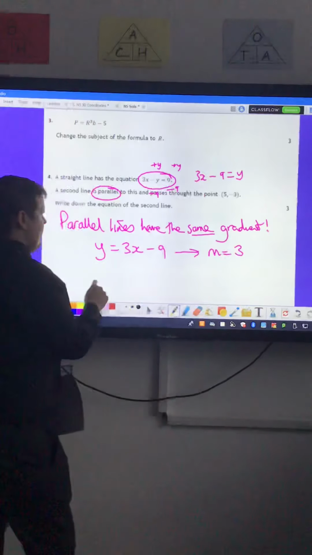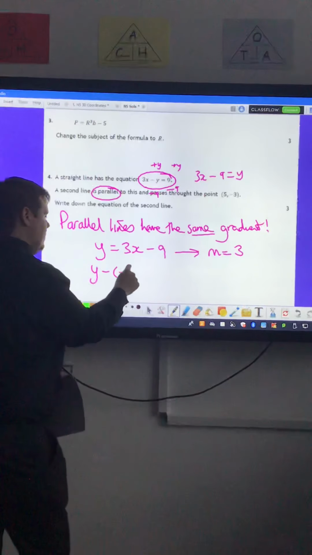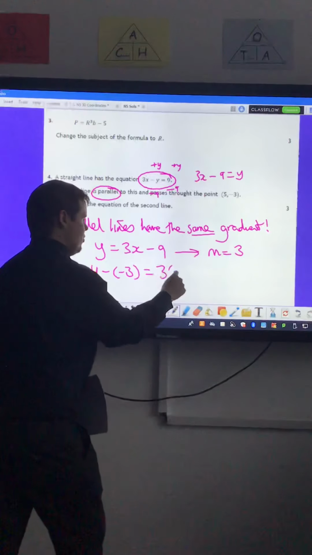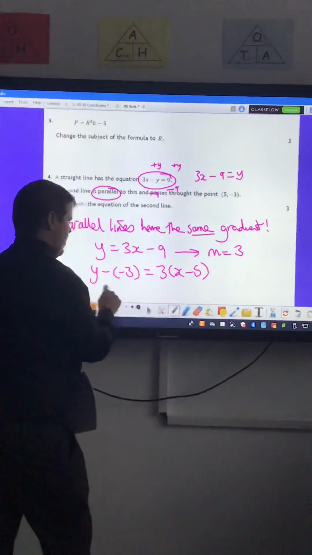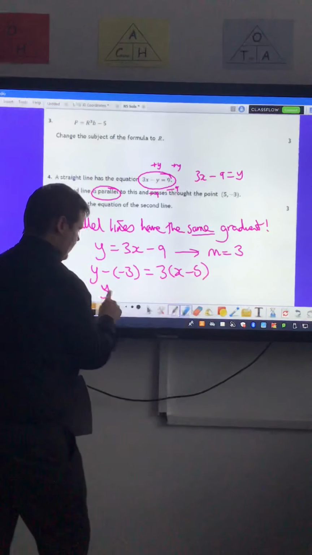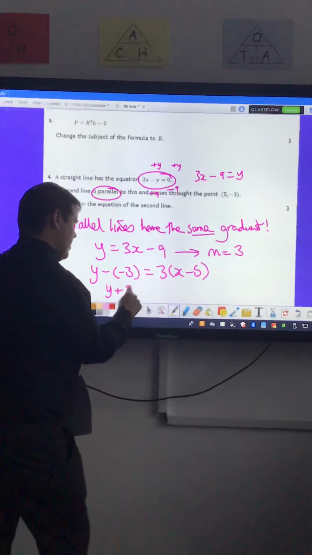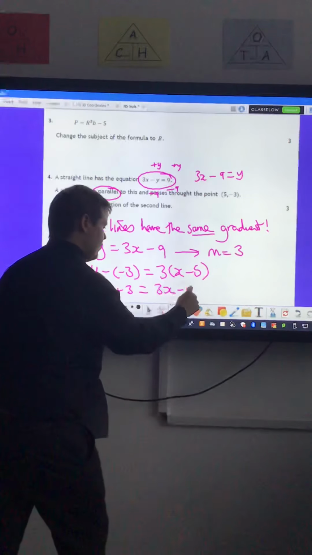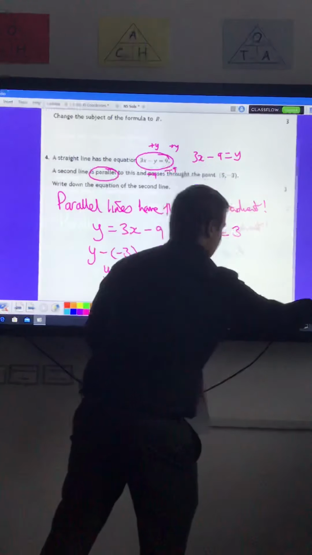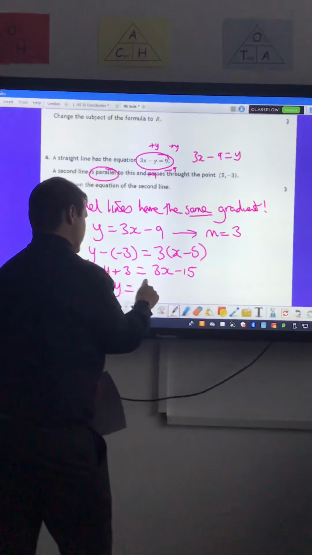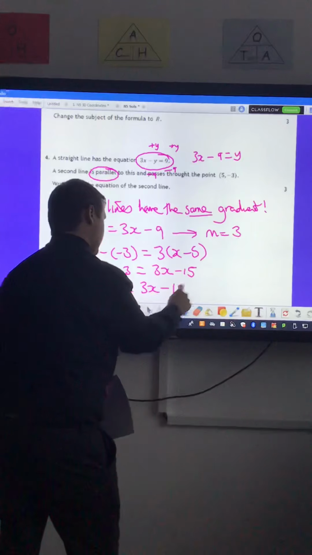You've got the point (5, -3), so it's y take away negative 3 equals 3 lots of x take away 5. That's y plus 3 is 3x minus 15, which means that y equals 3x minus 18.